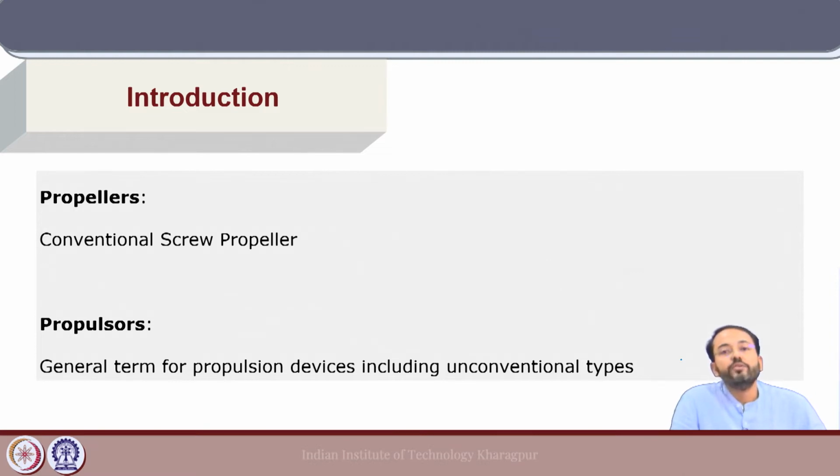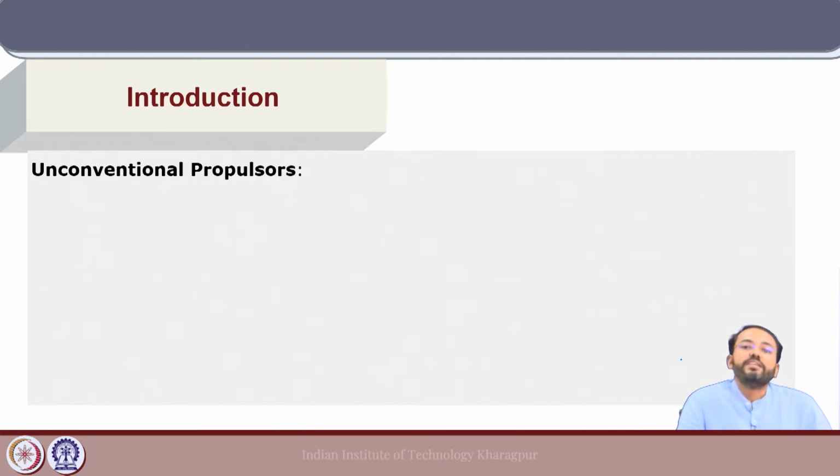So, it can be used to define any propulsion device including unconventional propulsor types. In this course, we have discussed some other propulsor types like ducted propellers, podded propellers, surface piercing propellers and water jets.